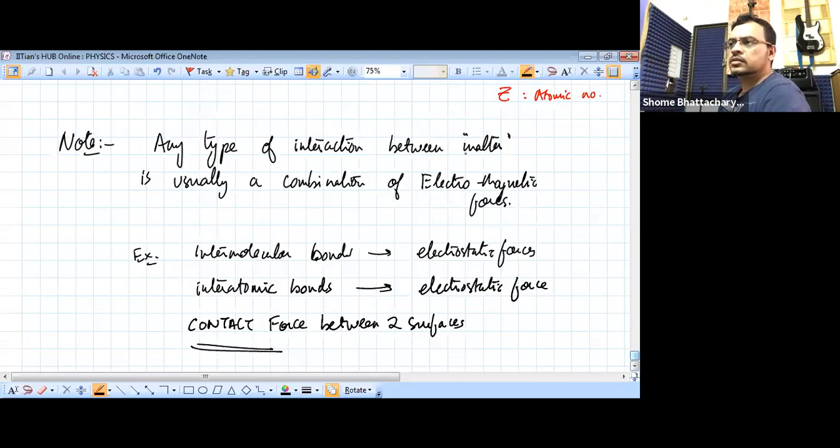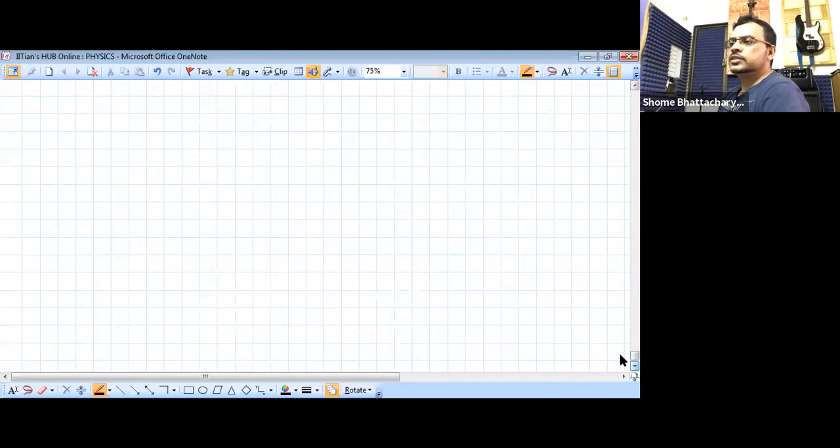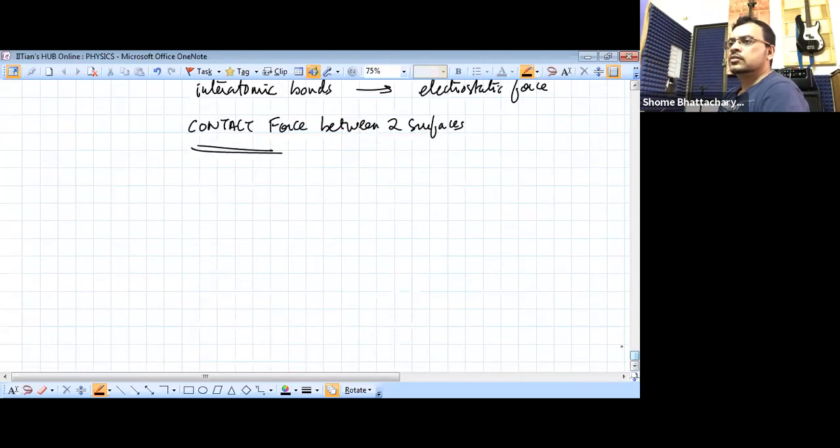This is matter. So if we talk about contact force between two surfaces, for example, we have the normal reaction contact force.